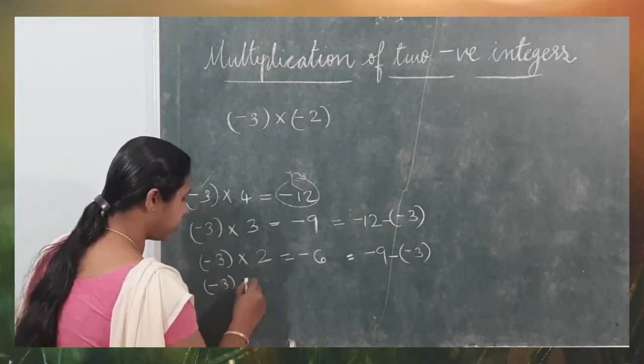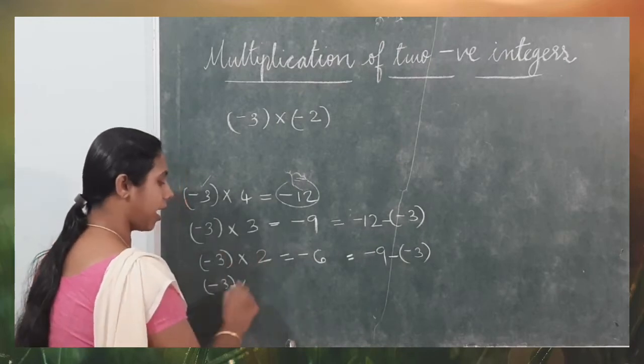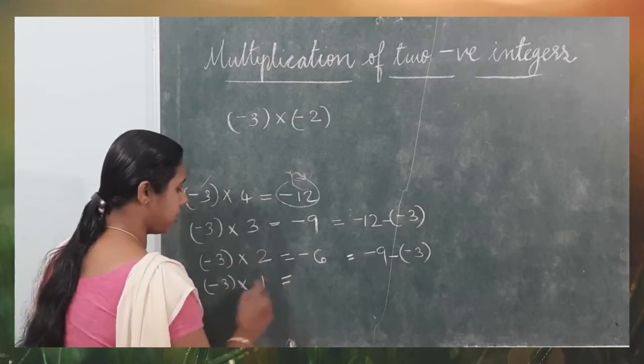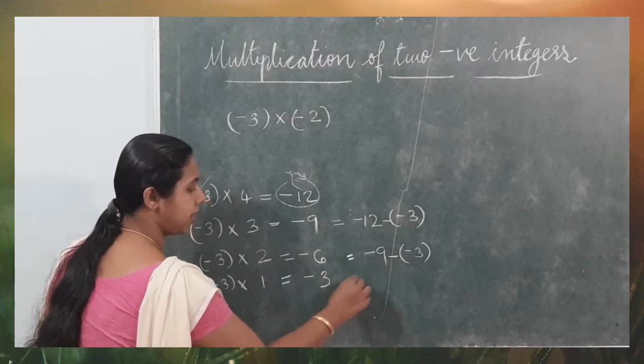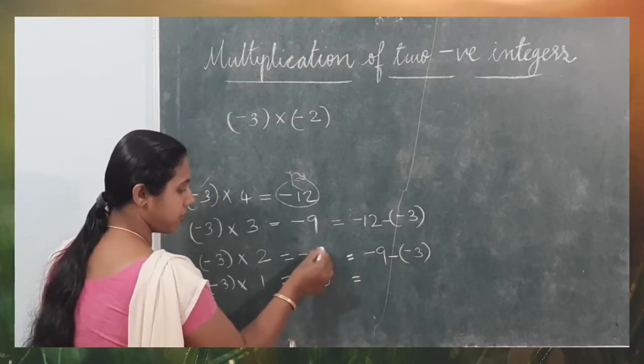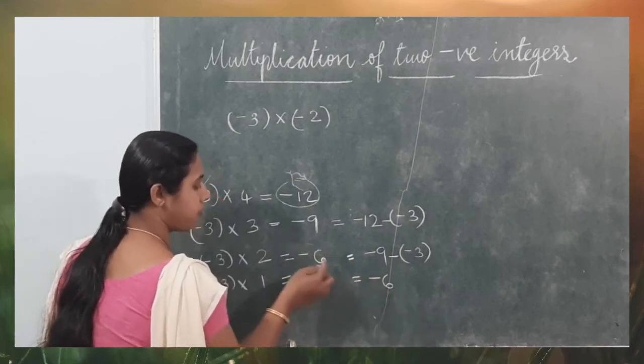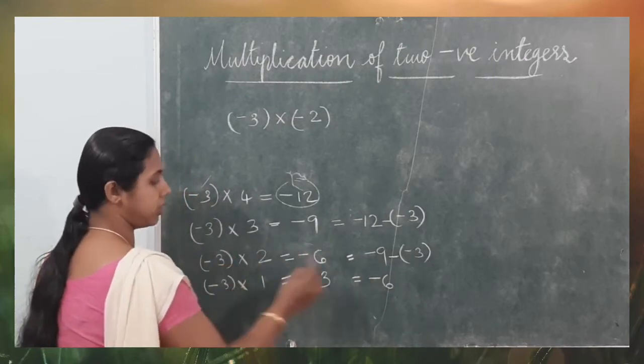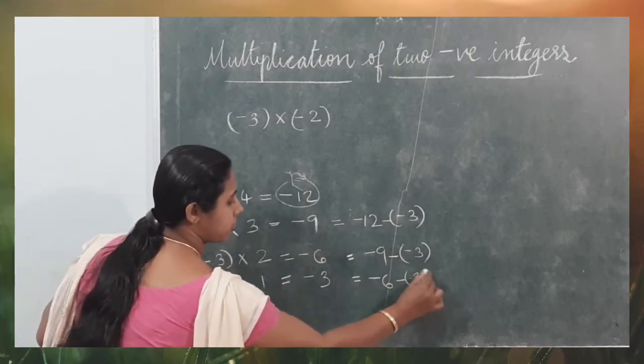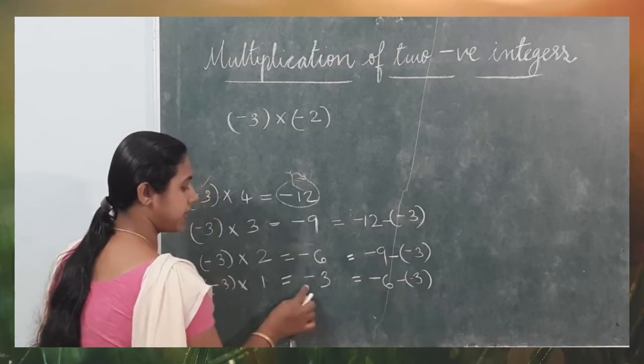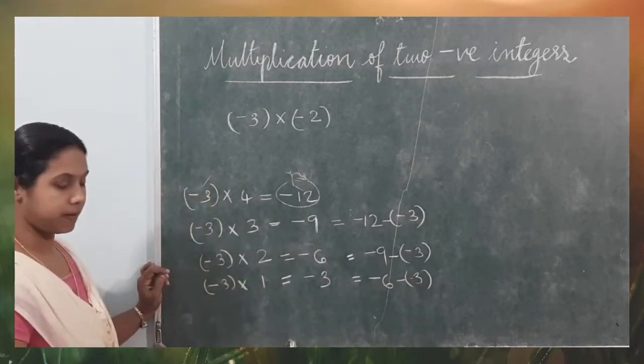Minus 3 into 1 less than 2, that is 1, which is equal to minus 3, which is also the product just before, minus 6, and from that product subtract this negative 3. So minus 6 plus 3 is equal to minus 3.